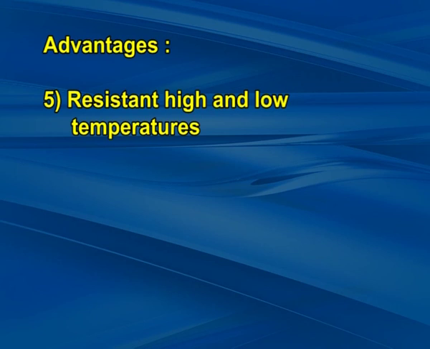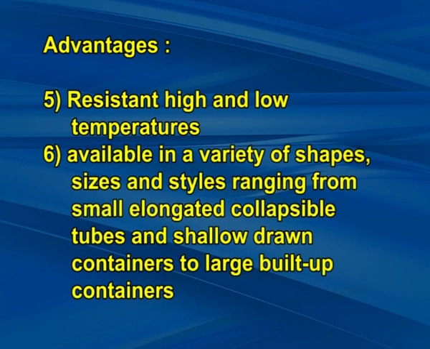They are resistant to high and low temperature, available in a variety of shapes, sizes, and styles, ranging from small elongated collapsible tubes and shallow drawn containers to large built-up containers.